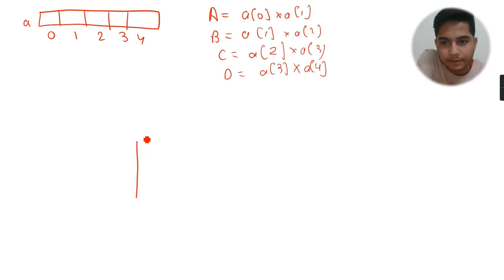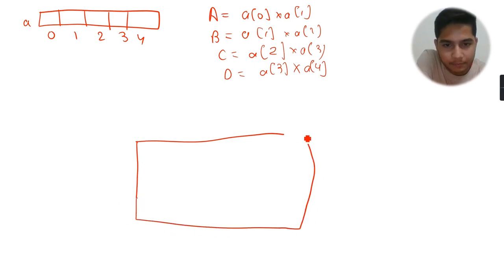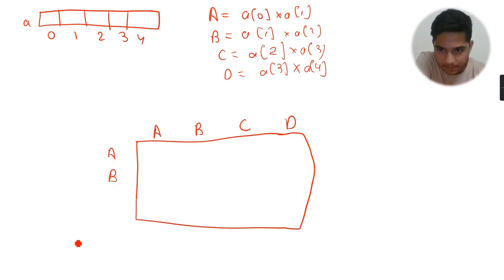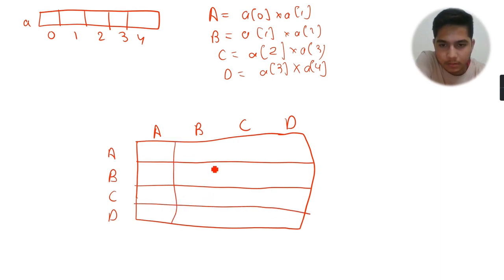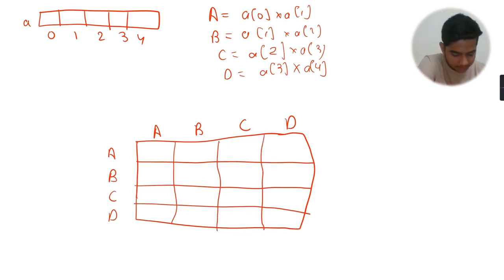Now we are making a DP table, and I'll explain what is going on behind it. It will have A, B, C, D along the rows and again A, B, C, D along the columns.